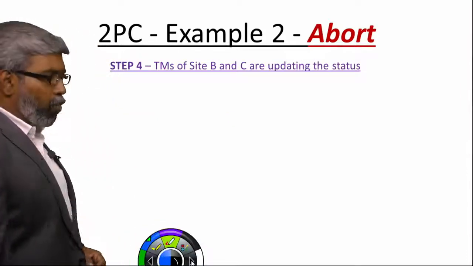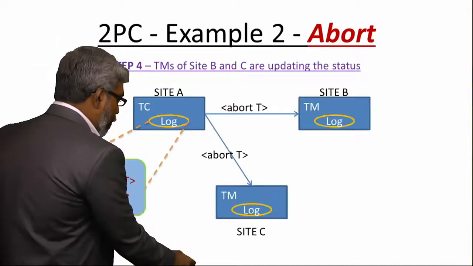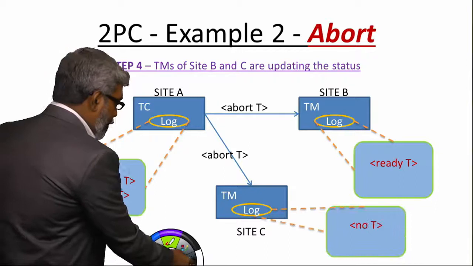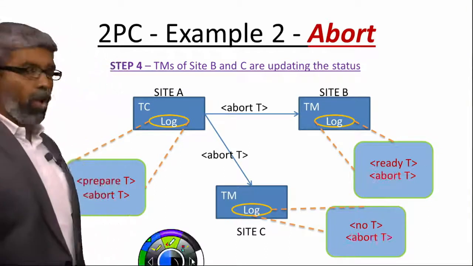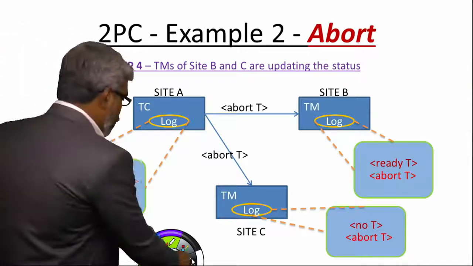In step 4, the transaction managers of sites B and C update the final status of that particular transaction. They write abort T in their log file. Now the transaction is aborted. This is how the two-phase commit protocol works.